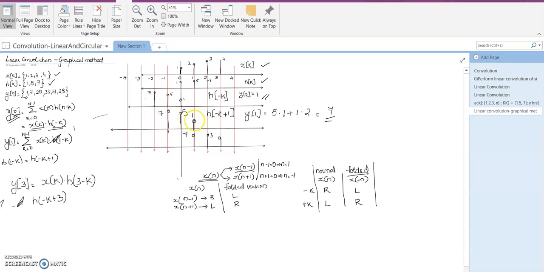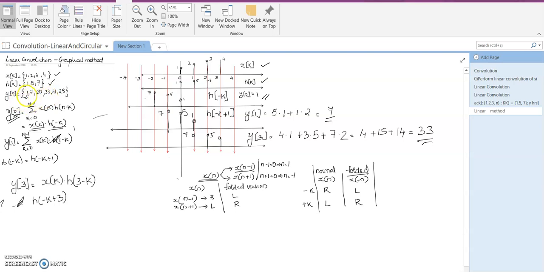So this is one shift to the right. Second would have resulted 1 coming here, and the third shift would result this signal coming here. So when we go for y of 3 over here, when we do element by element multiplication, we can see that it becomes 4.1 plus 3.5 plus 7.2, making it 4 plus 15 plus 14 equal to 33, which is the answer y of 3 we have over here.